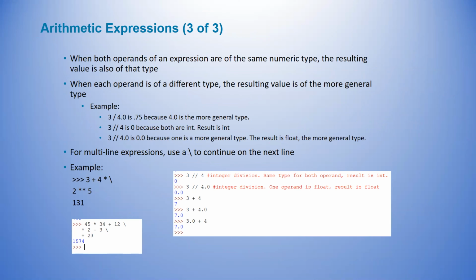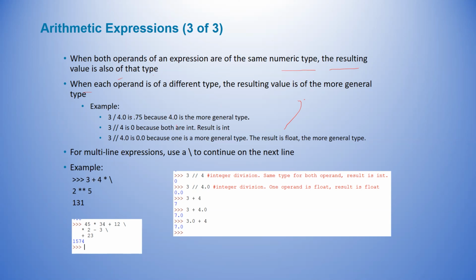So, arithmetic expressions continued. When both operands of an expression are of the same numeric type, the resulting value is also of that type. When each operand is of a different type, the resulting value is of the more general type.